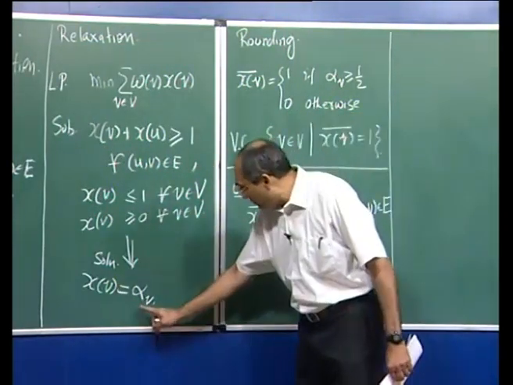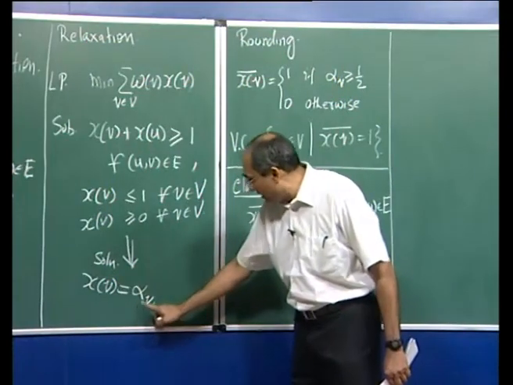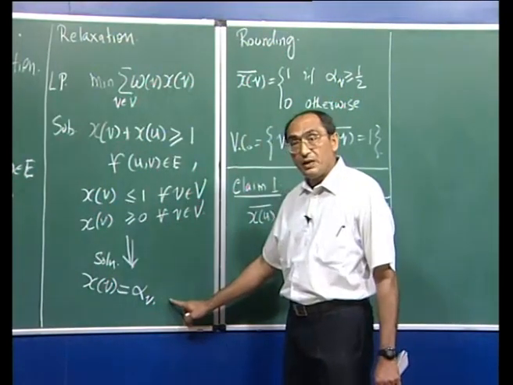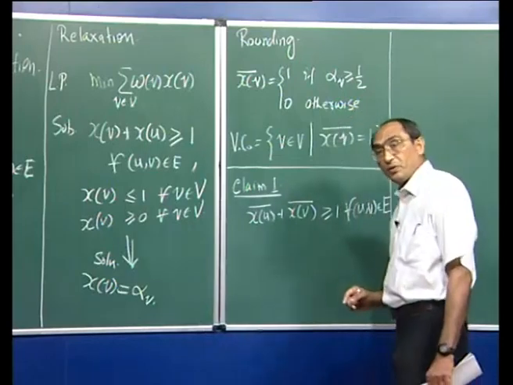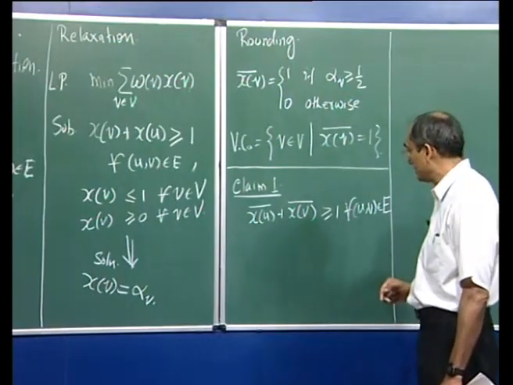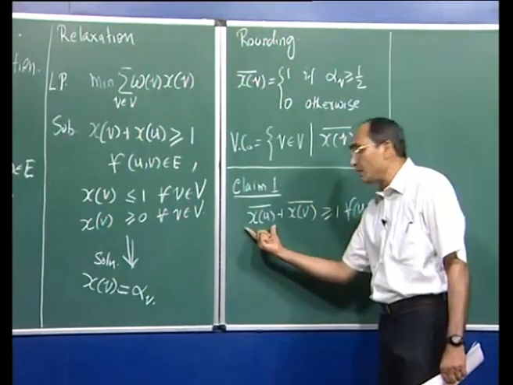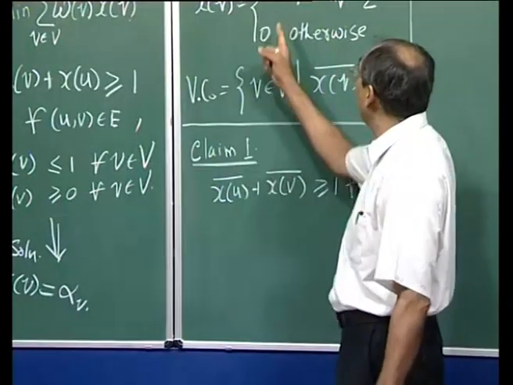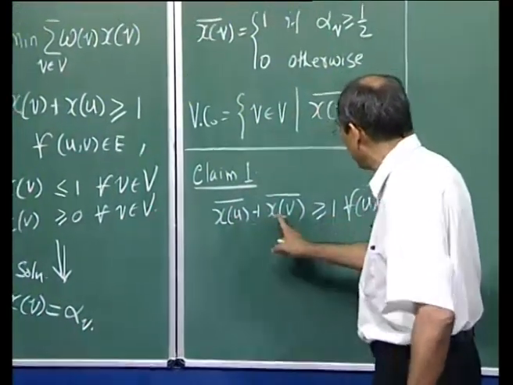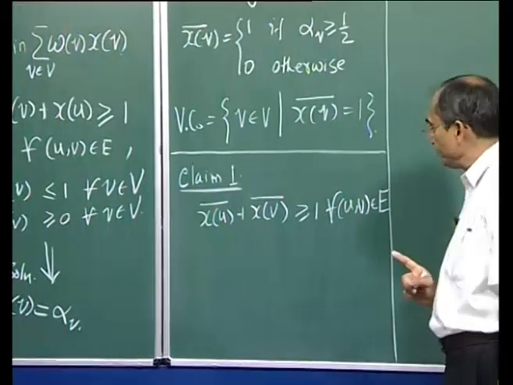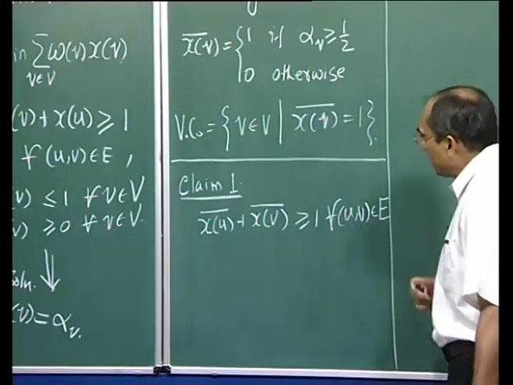So, one of the two values alpha_V or alpha_U has to be half or more. Hence, the corresponding variable will pick value 1 in this case. Hence, this sum cannot be less than 1. What does that imply?